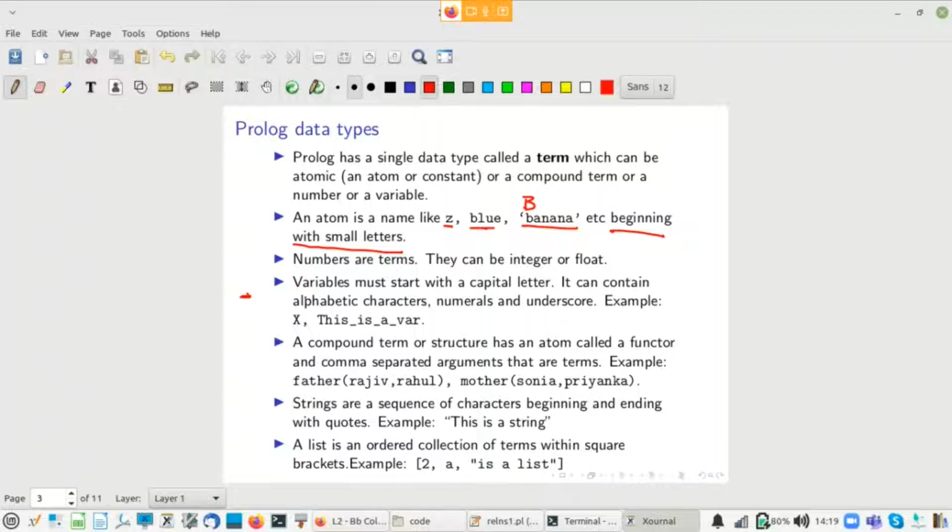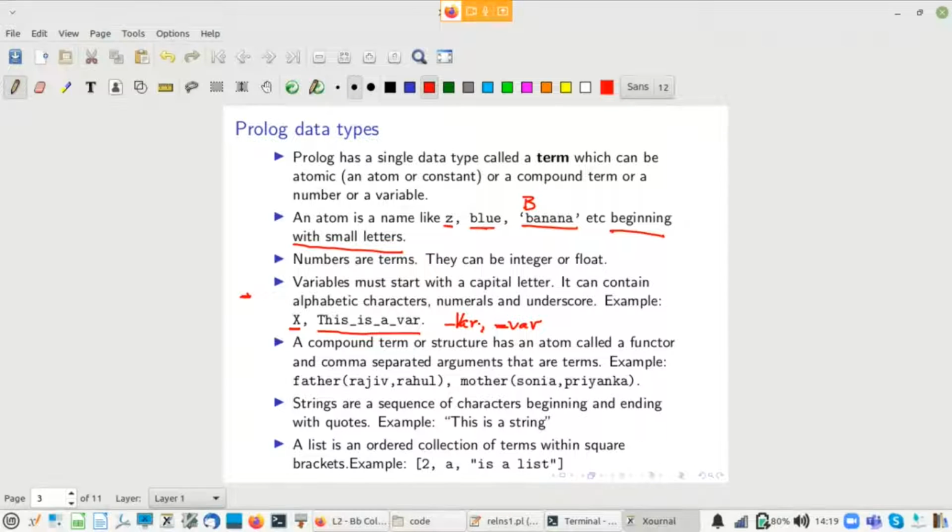Other than that, subsequent characters can be numerals and underscore, etc. So for example, capital X is a variable. This is also a variable. It starts with a capital T, it has other letters in it, there can be numerals in it also, and there can be underscores. If you have something starting with an underscore, this is also a variable, and small also will be a variable because it starts with an underscore. It's not a dash, it's an underscore.